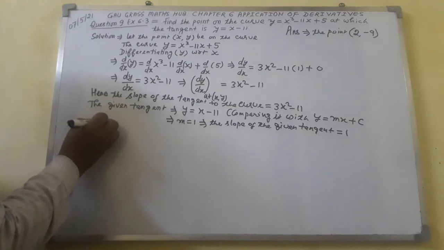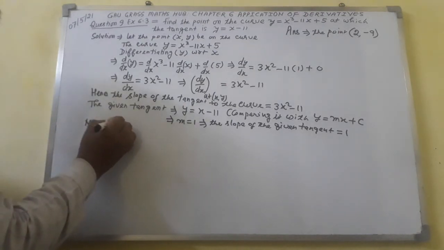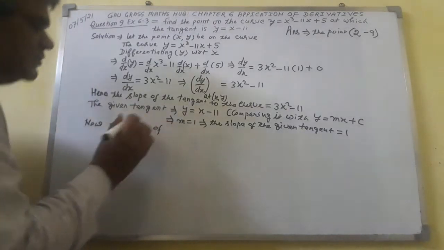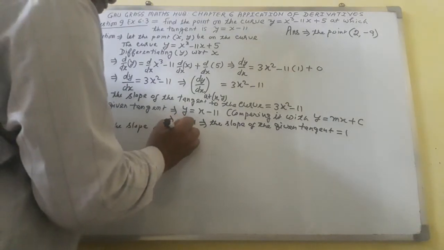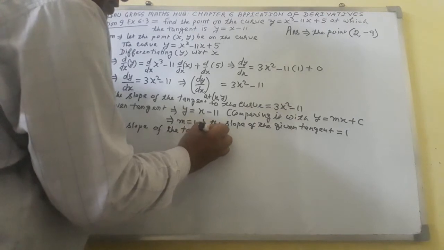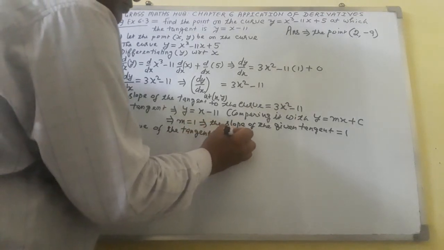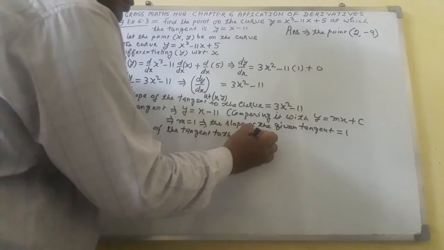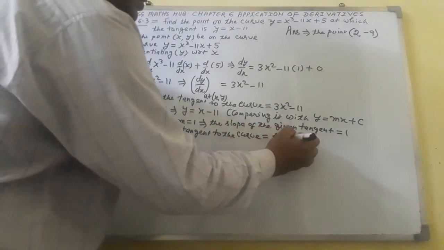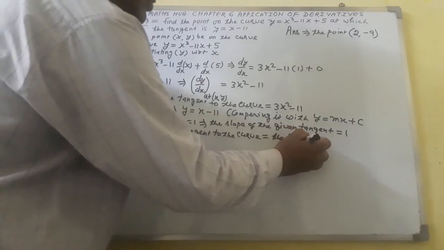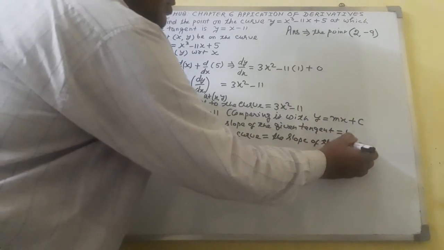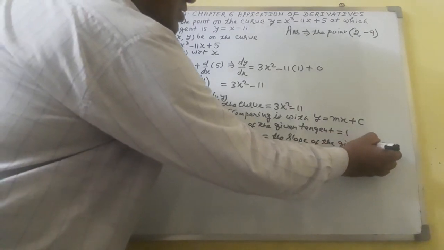Now the slope of the tangent to the curve equal to the slope of the given tangent.